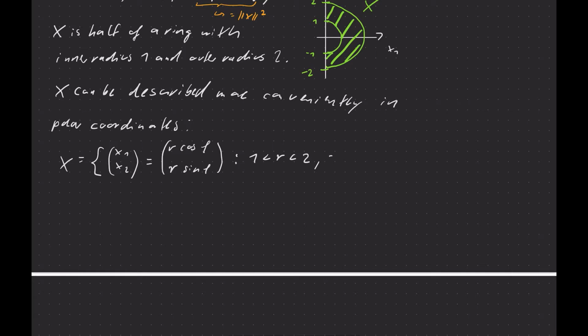So we have minus pi over 2 less than phi less than pi over 2. And you can see in terms of polar coordinates, those two variables, radius and angle, r and phi, are independent of each other. So in terms of polar coordinates, such a ring has the characteristics of a box.